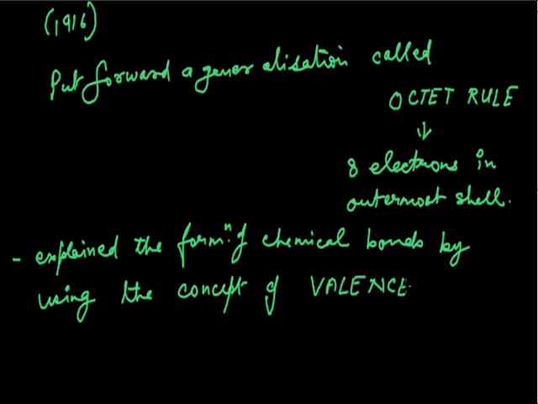Valence electrons are the electrons that are present in the outermost shell of an atom. So, Kossel and Lewis said that each and every atom tries to get 8 electrons in the valence shell, and that is known as the octet, which gives the stability to that particular atom.